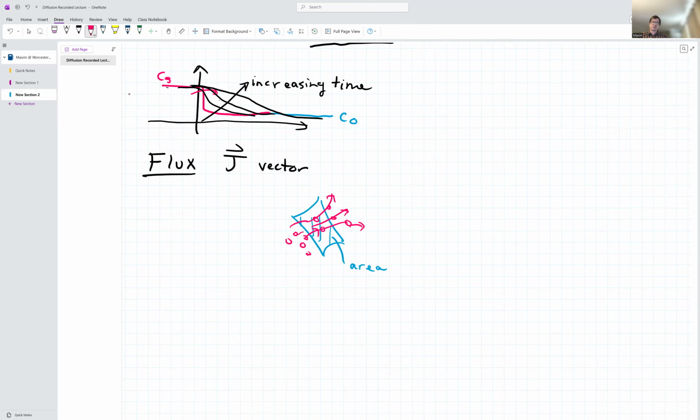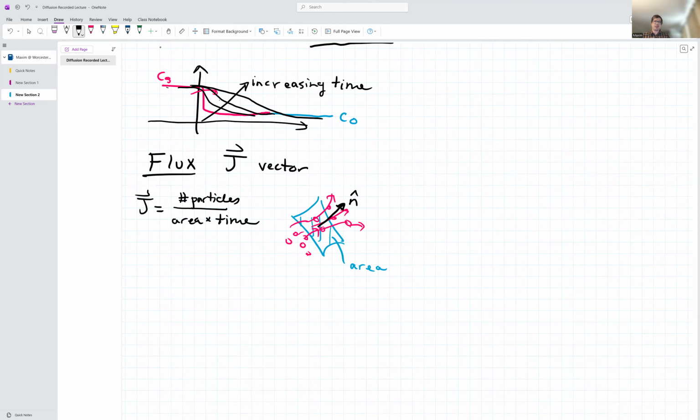So the direction of the flux is perpendicular to the area. So you can always define a perpendicular direction n hat to this area. And the flux is basically the number of particles going through that area per unit area per unit time.